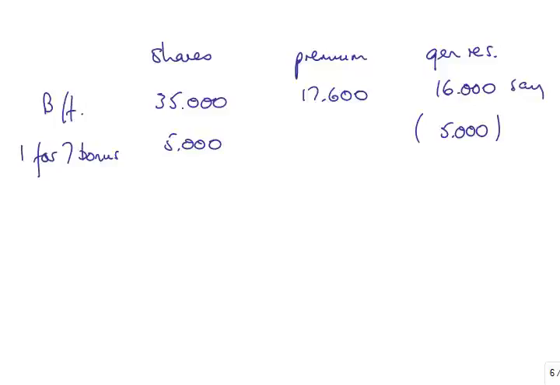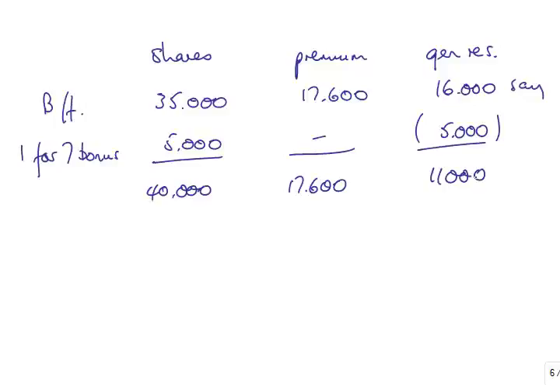So now she's got 40,000 shares in issue, and she still has 17,006 in a share premium account. And she's got, say, 11,000 in general reserve. But we know from the balance sheet at the end of the year that she actually has 58,000 shares and 29,007 share premium.